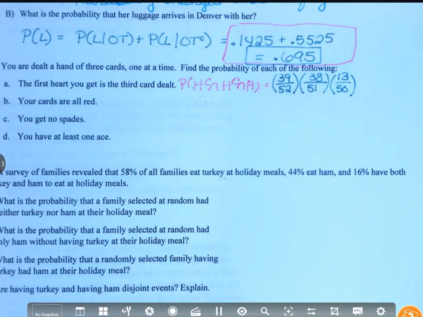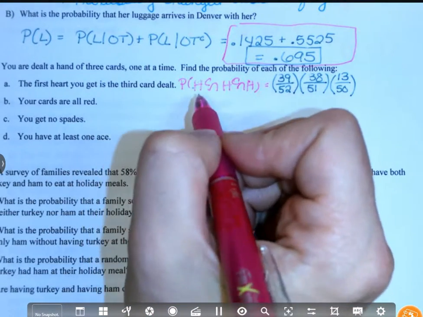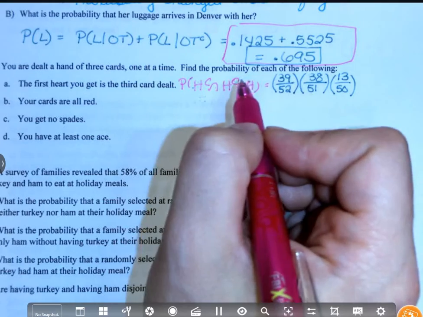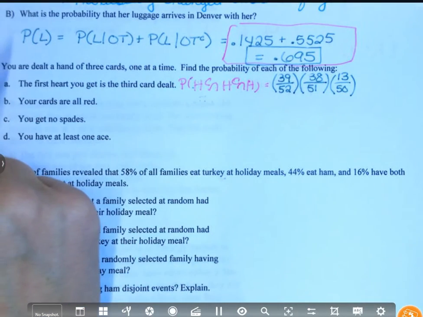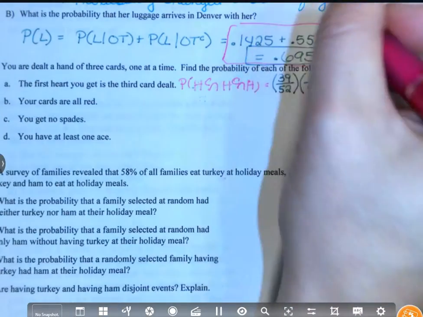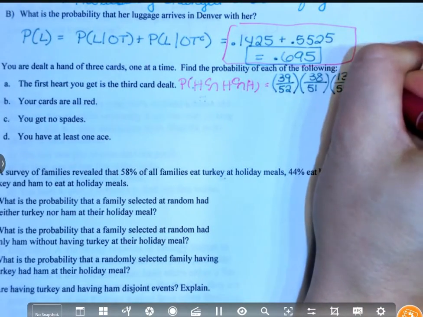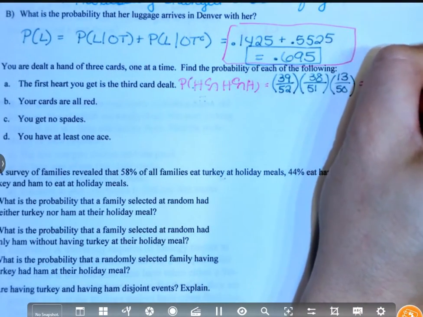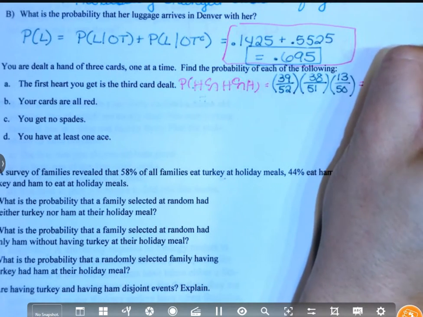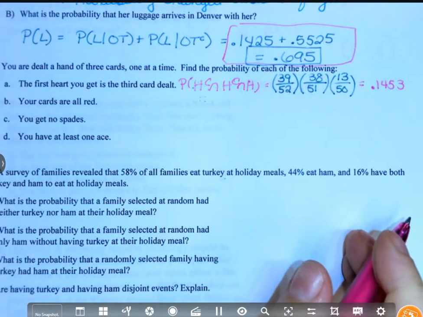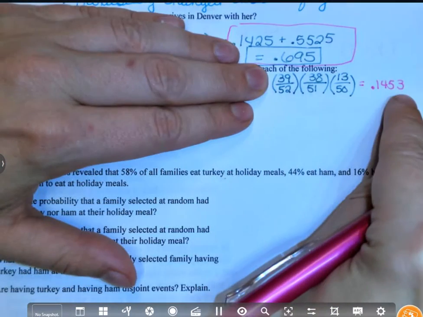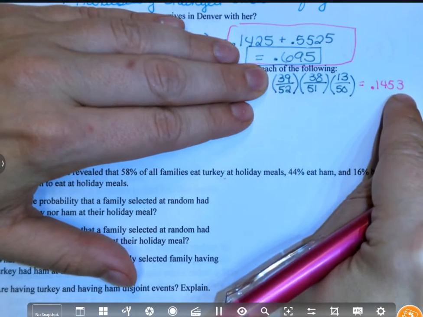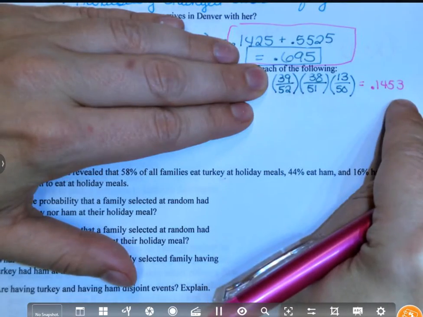Because if I write probability of heart given not heart and not heart, then that would have just been this. So yeah, that's fine. What do you get? Out to 4 decimals, please. 0.1453. The work I expect to see is this. That right there.